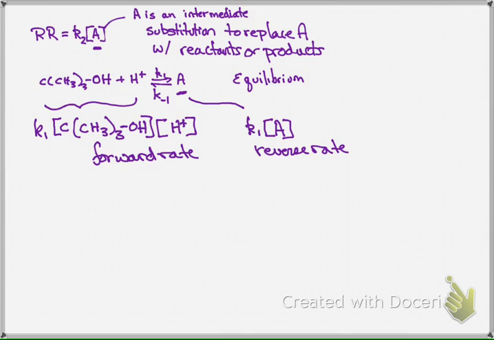Oh yeah, K minus 1, thank you. If I can write that in this space. And when the system reaches equilibrium, that means the forward and reverse rates are the same, so I can just put an equal sign in here.